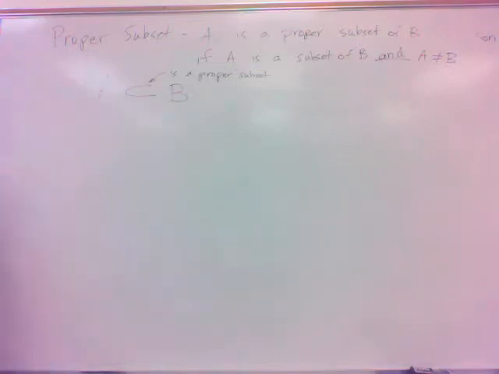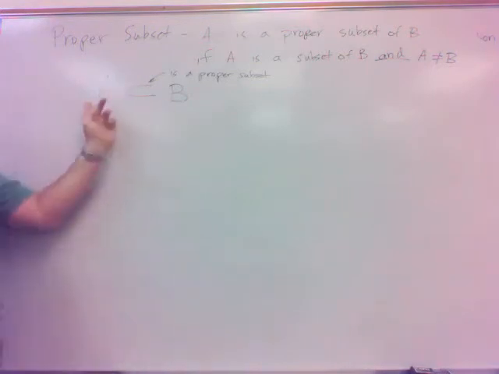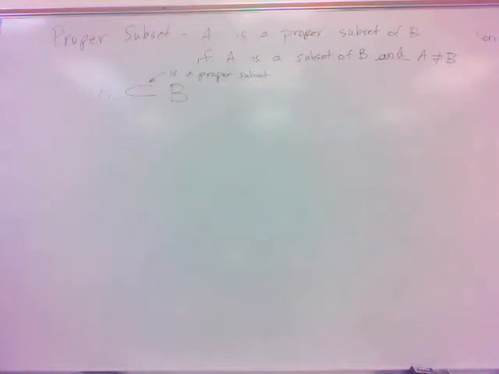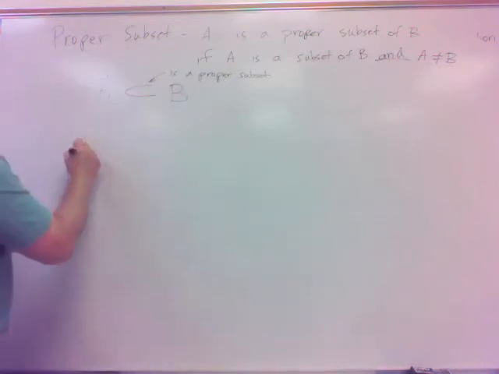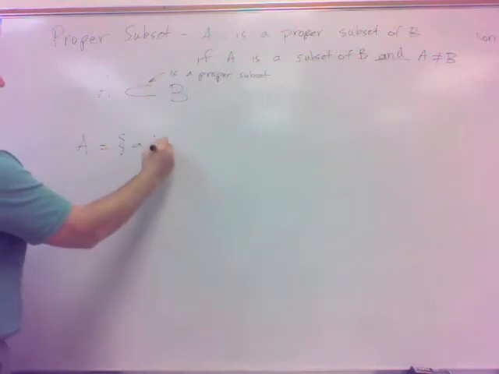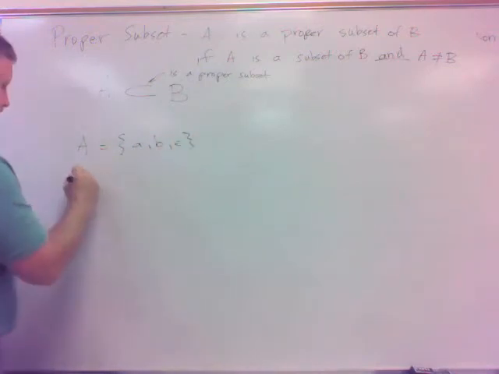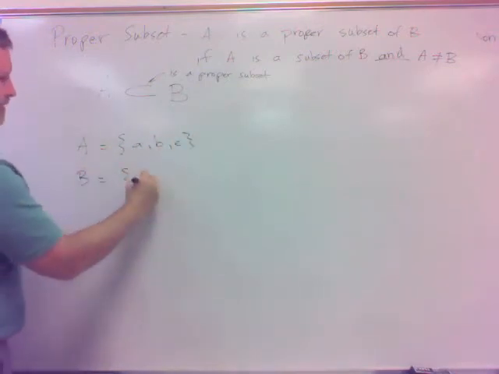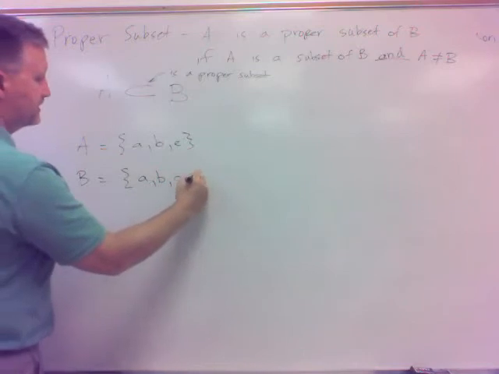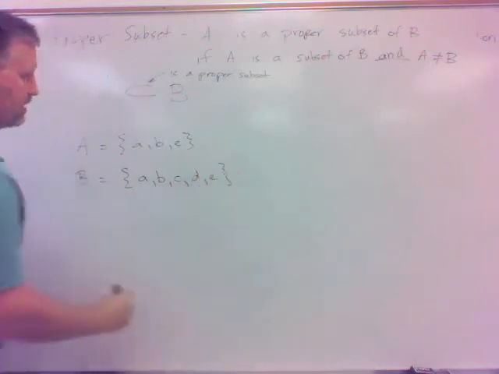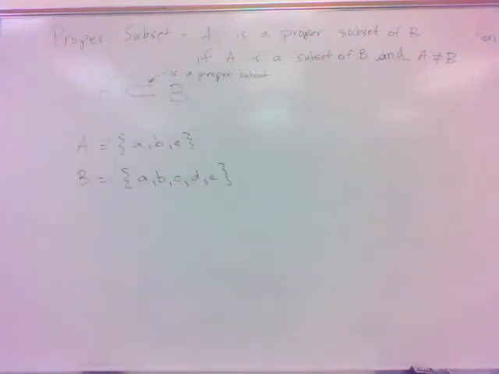So without the line there, that's the proper subset. So if A is a proper subset of B, this is what you write. What does it mean? Well, a while ago we had A, which was A, B, E. B was A, B, C, D, and E. That was a subset.